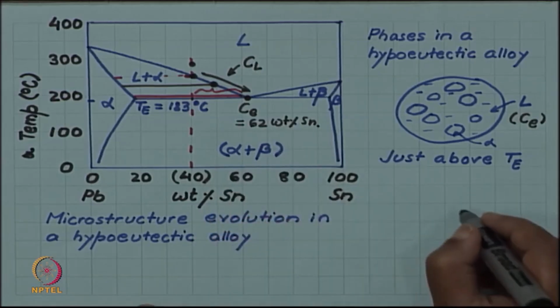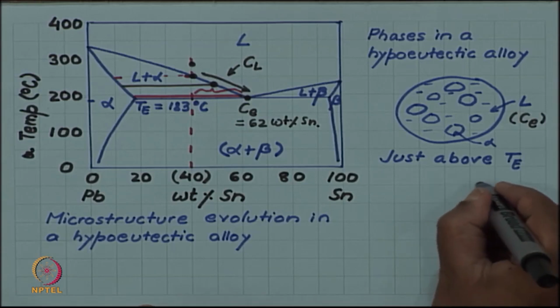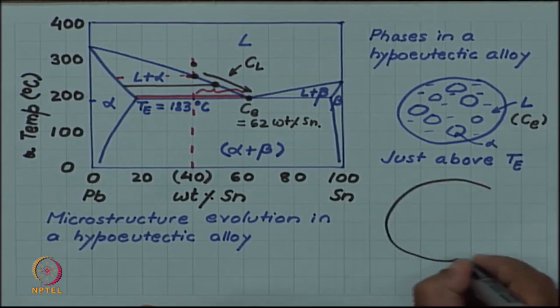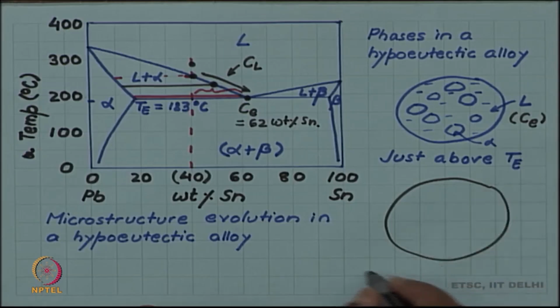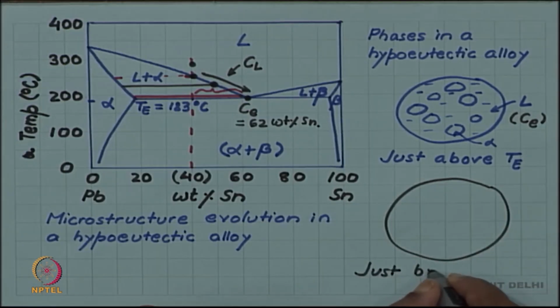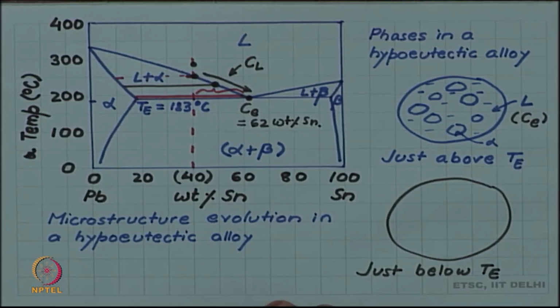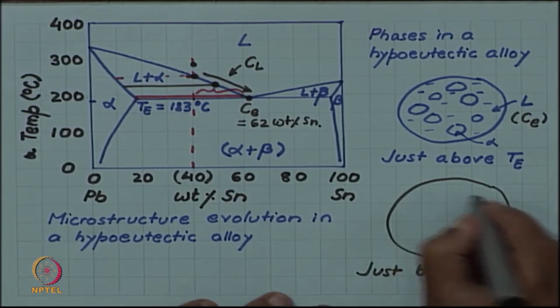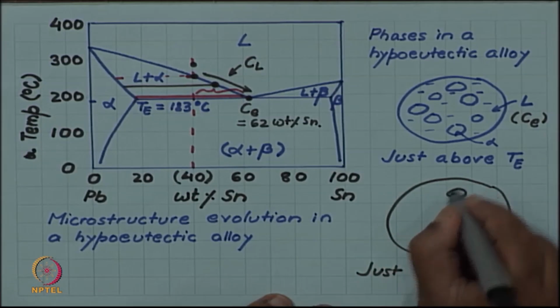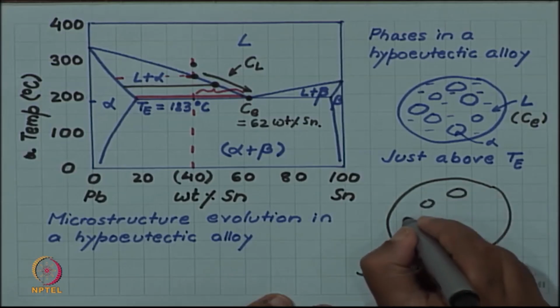So, if I now try to draw the microstructure just below the eutectic temperature, then whatever alpha has formed will remain.